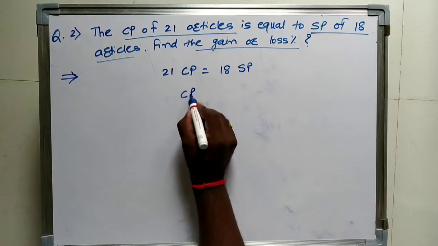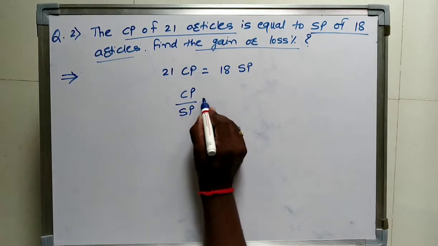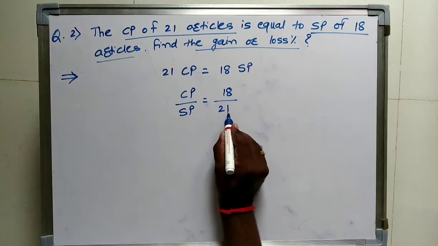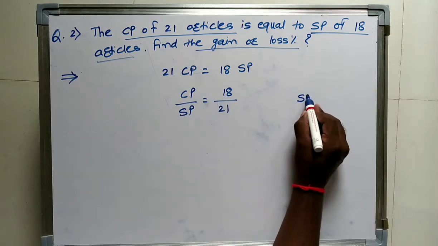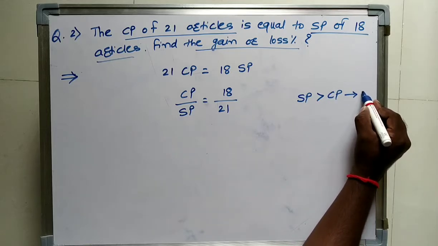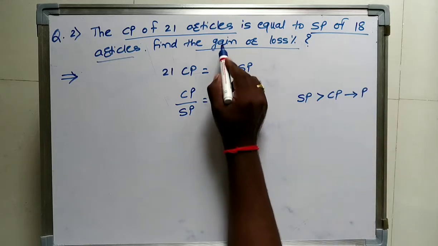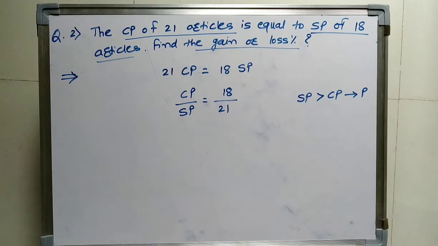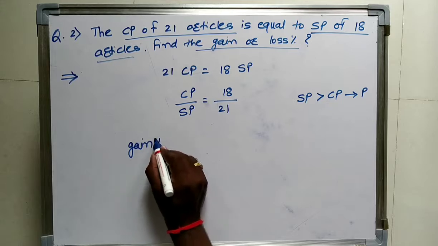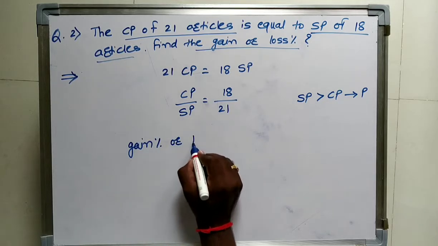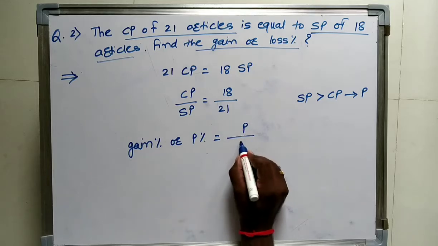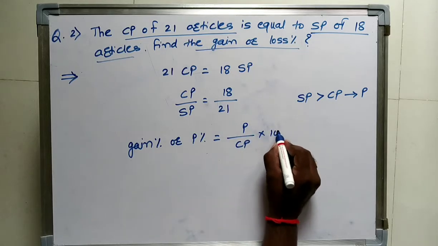So we will write CP upon SP is equal to 18 upon 21. Here SP is 21, CP is 18. SP is greater than CP, so it will be a profit, which means a gain. The gain percent or profit percent is equal to profit divided by CP multiplied by 100.